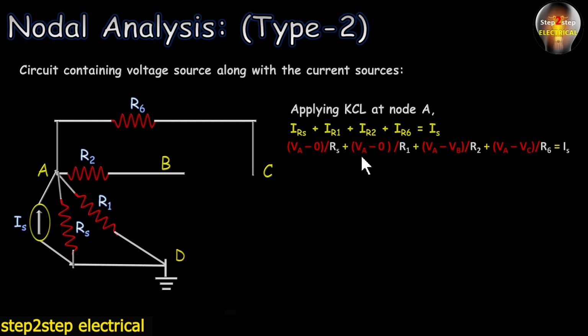For IR1 we can write (VA minus 0) upon R1. For IR2 we can write (VA minus VB) upon R2. And for IR6 we can write (VA minus VC) upon R6, equal to Is. Here Is is the same because the value of Is is known. So this is the first equation.